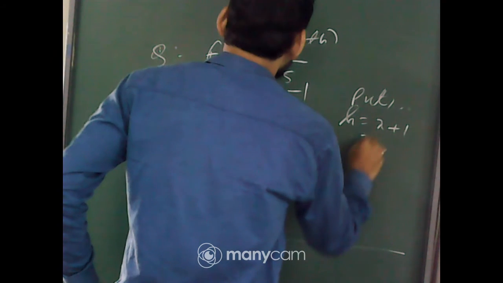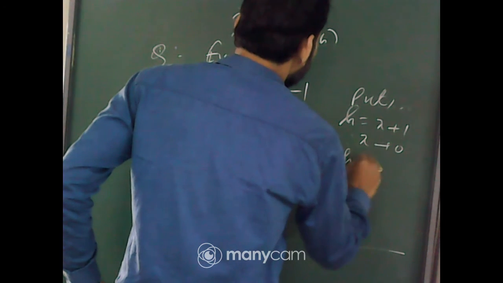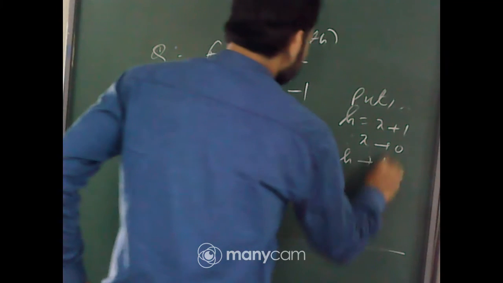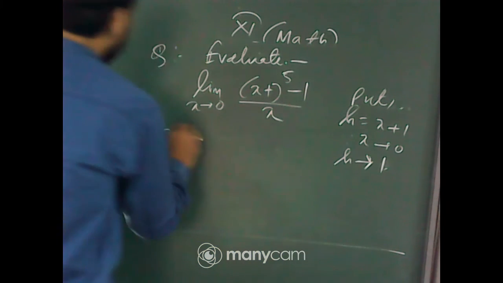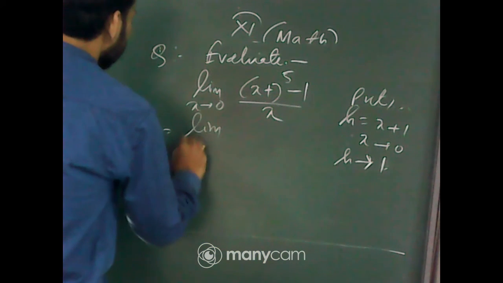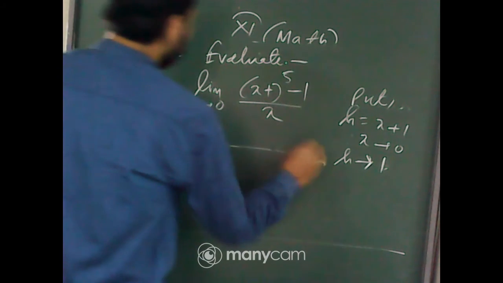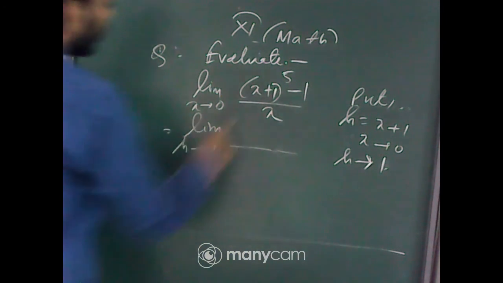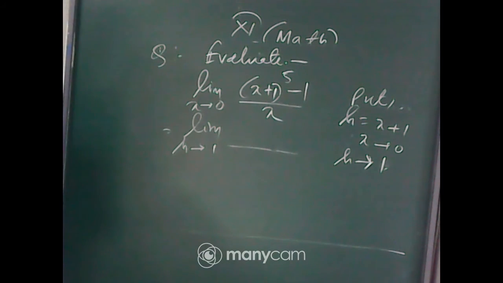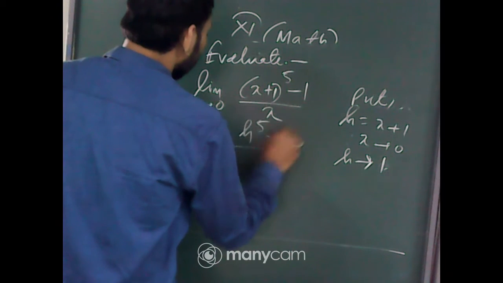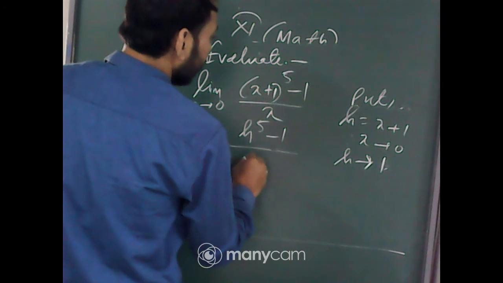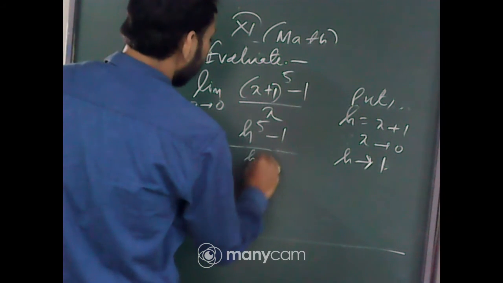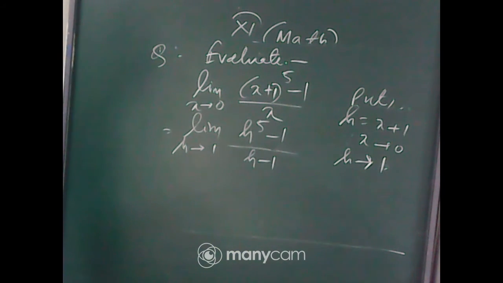So since x tends to 0, h tends to 1. That means it will be limit h tends to 1, h to the power 5 minus 1 by h minus 1, isn't it?